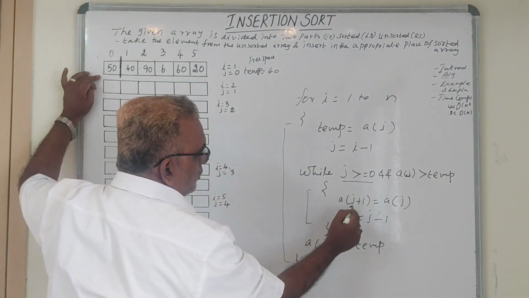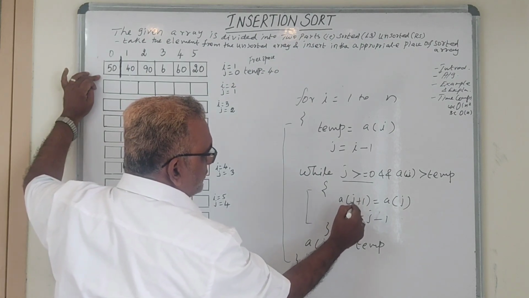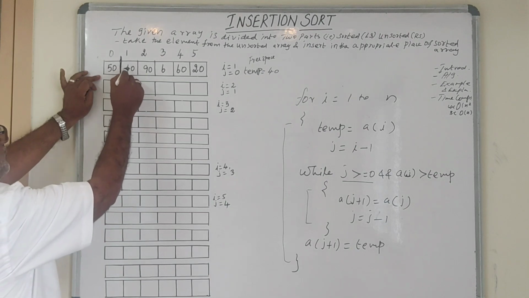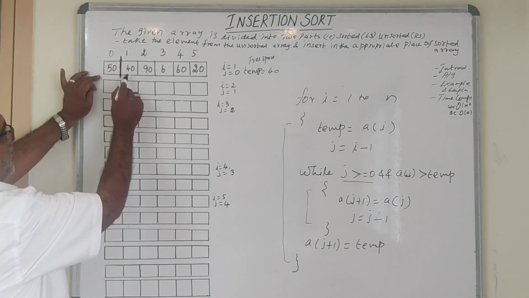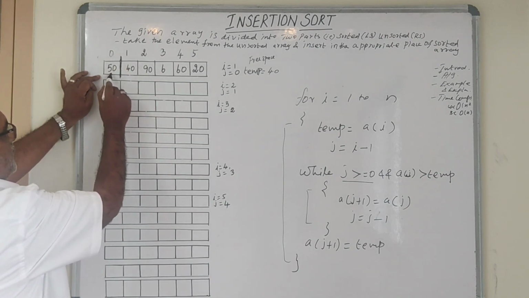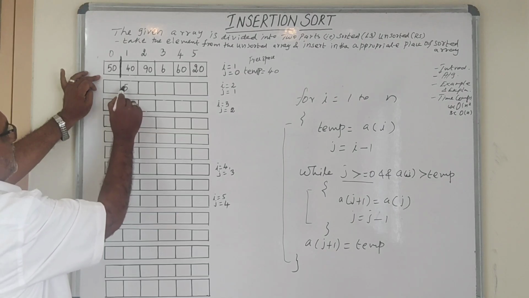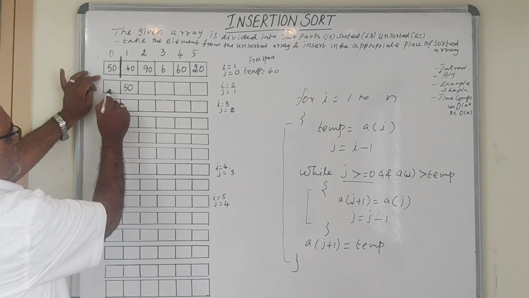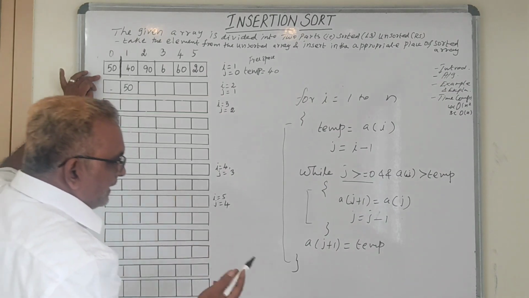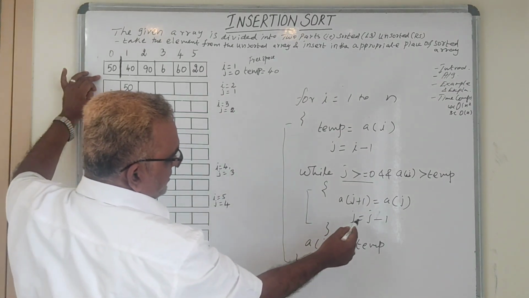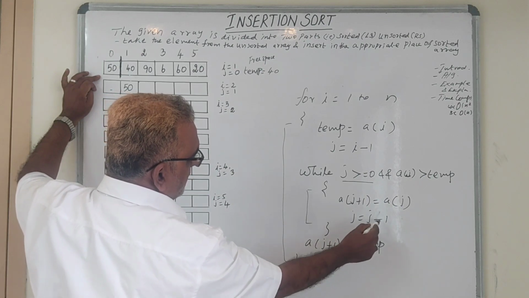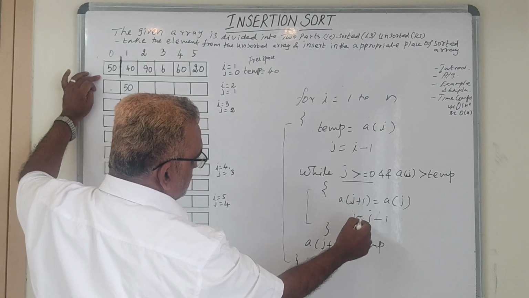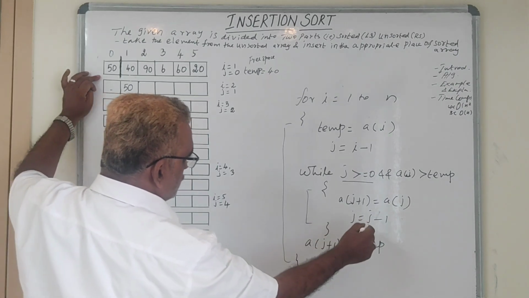So what we have to do is store in a of j plus 1 the value a of j. a of j plus 1 is nothing but location 1, so 50 will be stored in location 1. Now we again check the condition after j is decremented by 1. Originally j was 0, and now it has become minus 1.